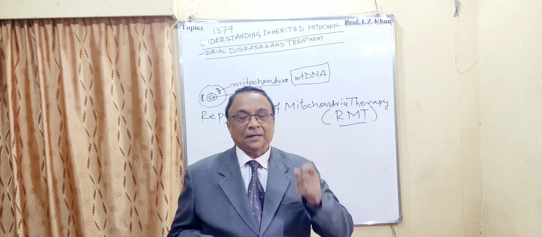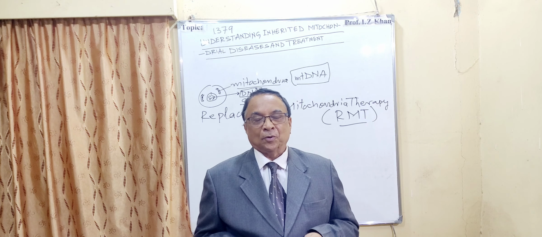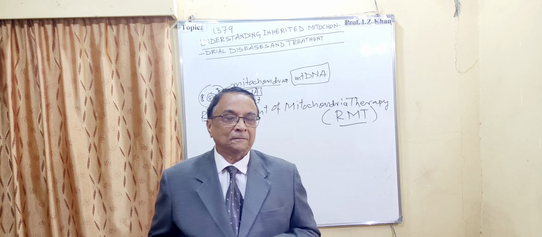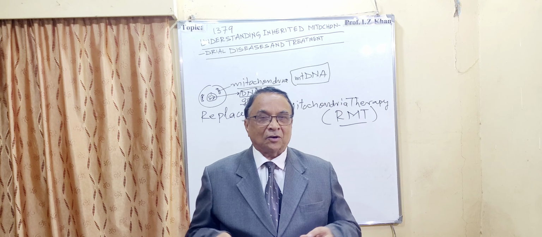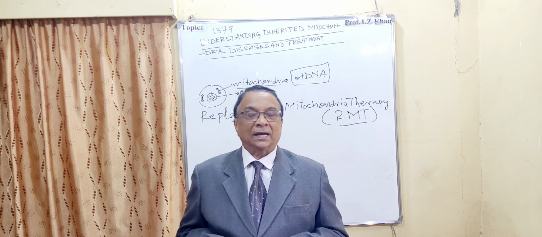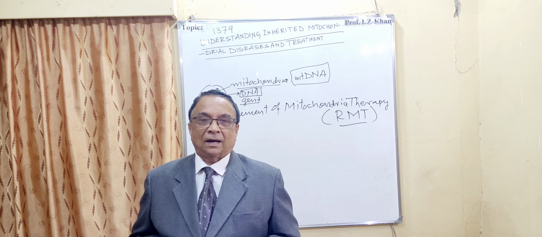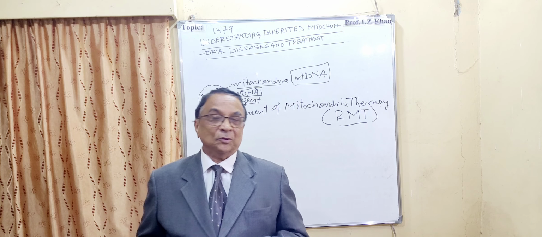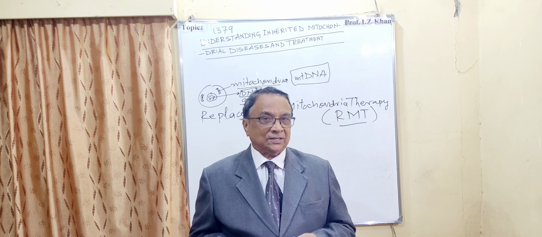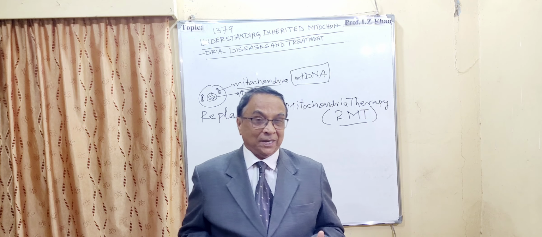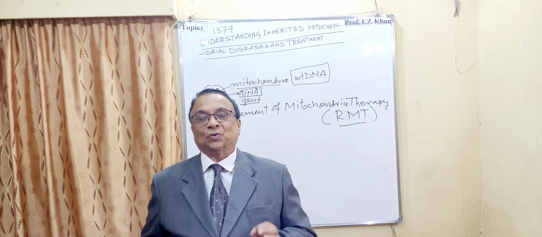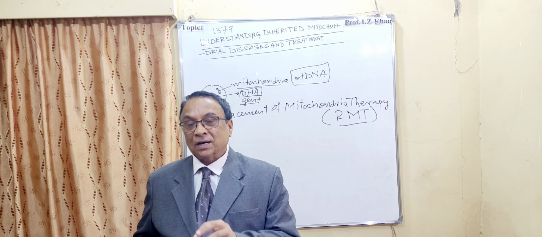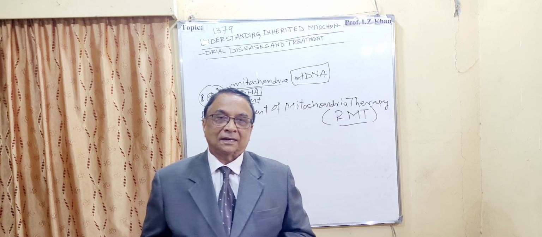After that, the Jordanian couple approached an embryologist in one of the hospitals in New York, and the team of chemists and embryologists discussed and found that it is due to mitochondrial DNA mutation, meaning damage. The DNA in that mitochondria is damaged, and that is only possible to correct once we can replace that damaged mitochondrial DNA.